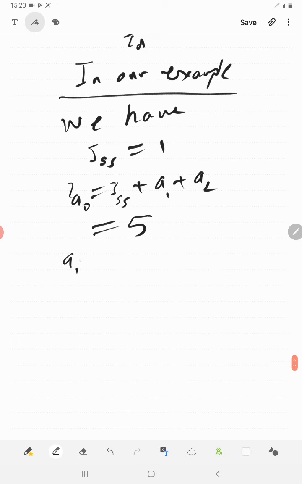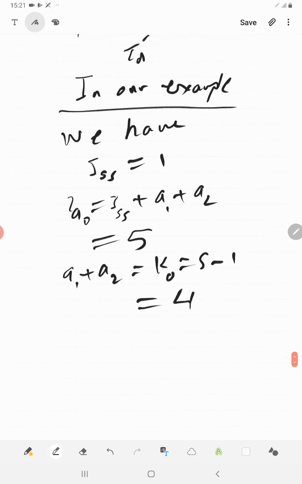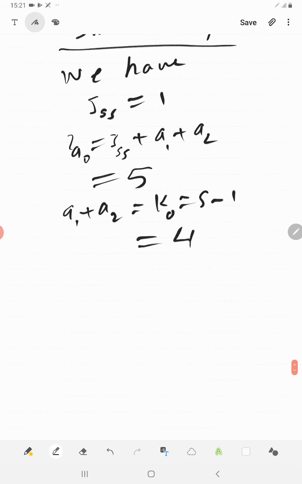Okay, so A1 plus A2 equals K naught, equal to 5 minus 1, equal to 4. But we don't know what A1 and A2 are. In the example, we obtained ln A1 equal to 0.4055.